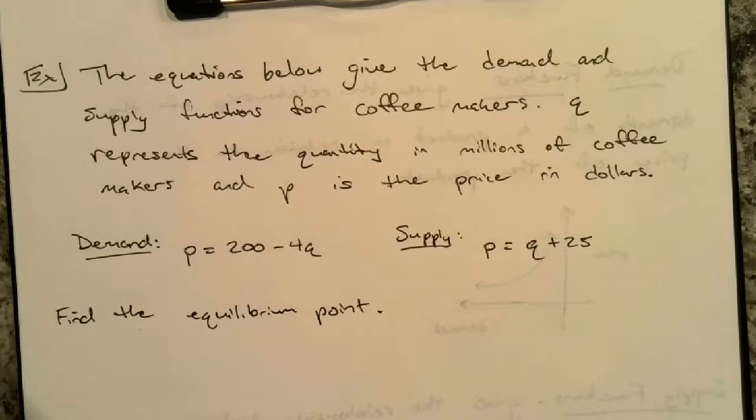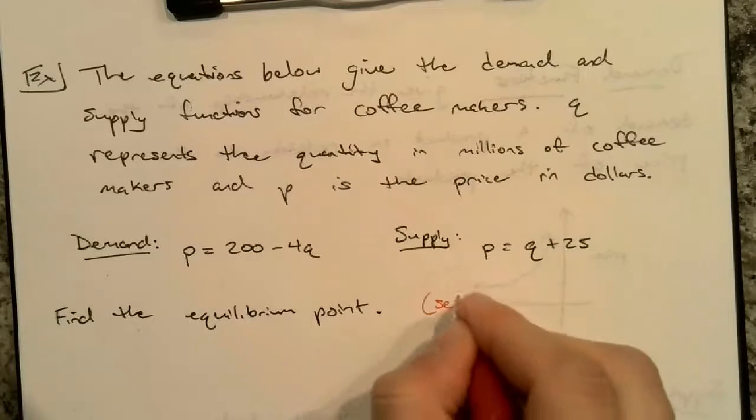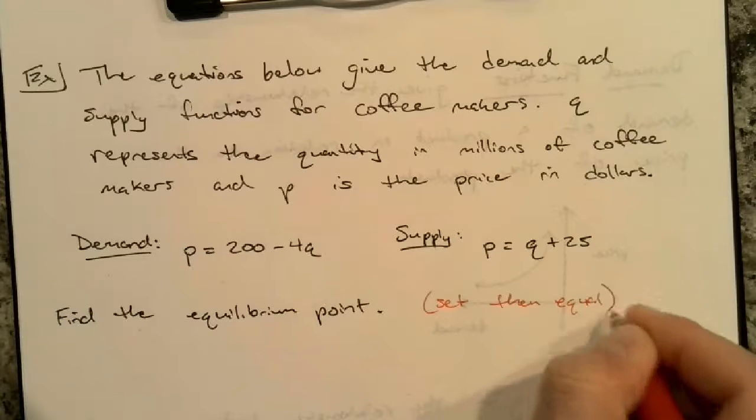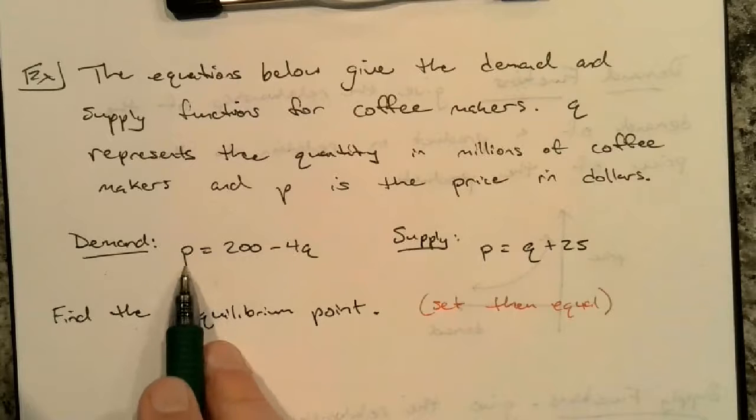Now, based on the definition we just talked about, the equilibrium point is the price where the supply is equal to the demand. So if we have the demand curve and the supply curve, we set them equal. In other words, this is a system of equations. We have two equations with two unknowns. They both say P equals.